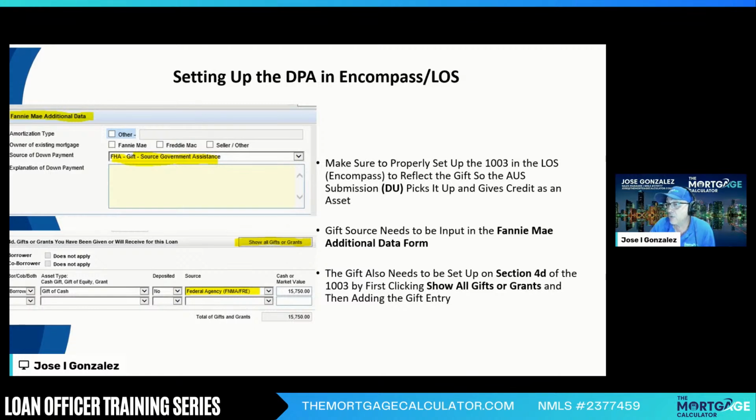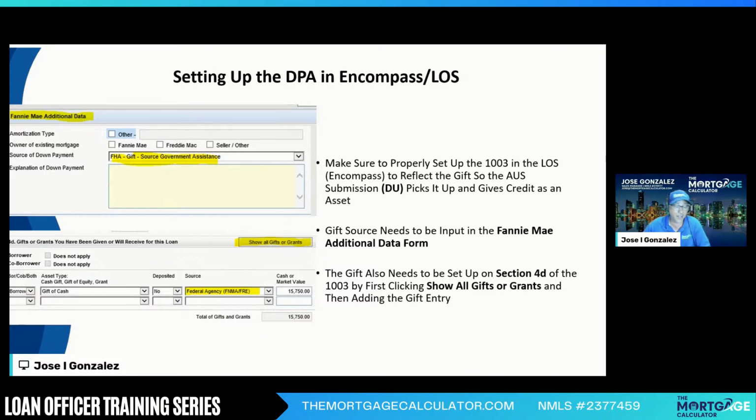You need to click that so that it opens up the drop down so that you can select the agency option and then input the amount. If it's deposited, no. Gift of cash, who's going to be getting it, our borrower or a co-borrower, and that's it. Then you run your automated underwriting.